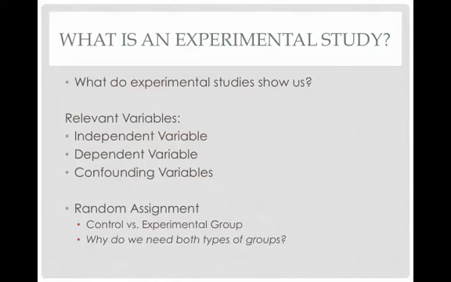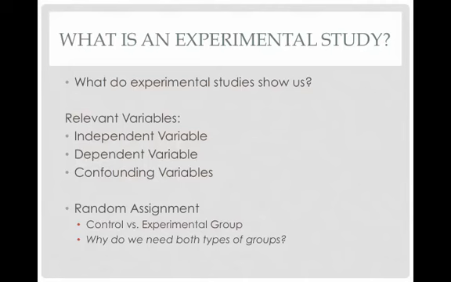What do I look at? I look at cocaine use. Has cocaine use increased or decreased? And so cocaine use is my actual dependent variable. It's a dependent variable because it's relying on, or dependent upon, the impact or influence of the independent variable.